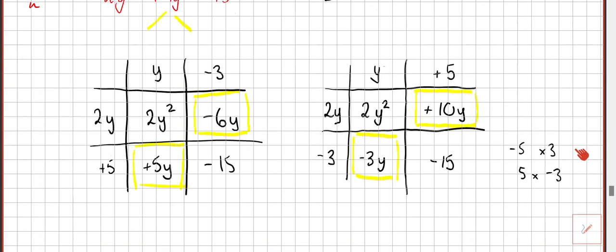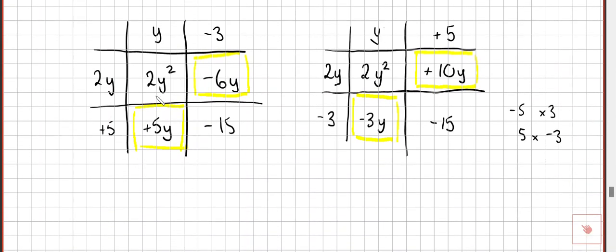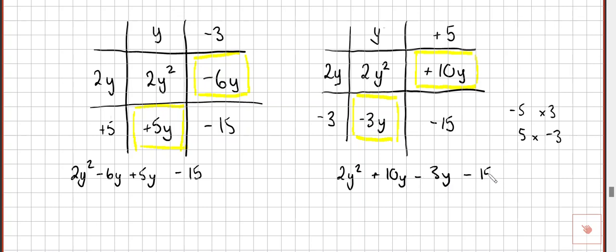So what happens if we then write it out? This one becomes 2y squared minus 6y plus 5y minus 15. And this one is 2y squared plus 10y minus 3y minus 15.